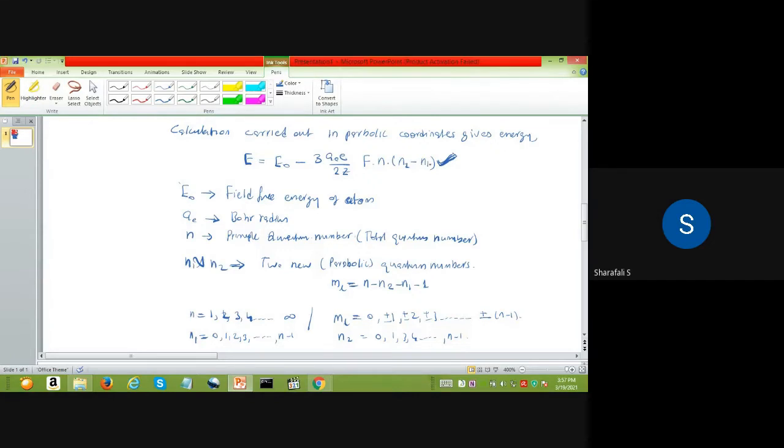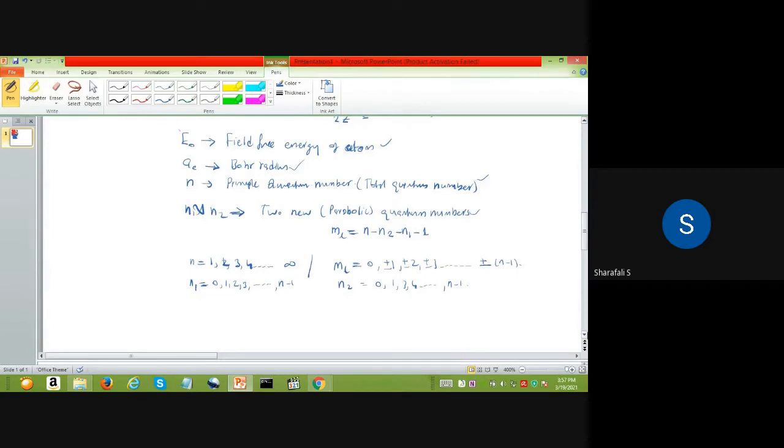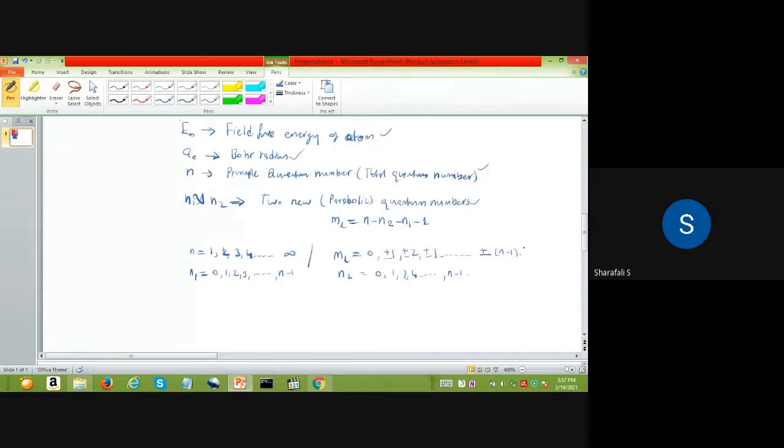You don't have to study the derivation part. This is the energy associated with those atoms in the presence of a strong electric field. And these are the different parameters or unknowns in the equation. And then we have the conditions for the values of those quantum numbers.